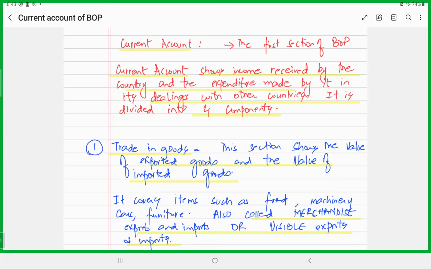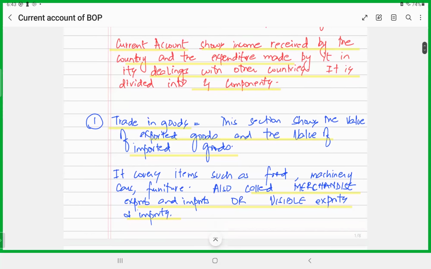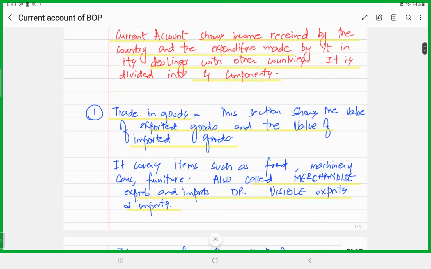Now, what do we mean by trade in goods? This section shows the value of exported goods and the value of imported goods. So, how much a country exports in terms of its goods, not services. They're only talking about goods over here. And how much it imports in terms of its goods.